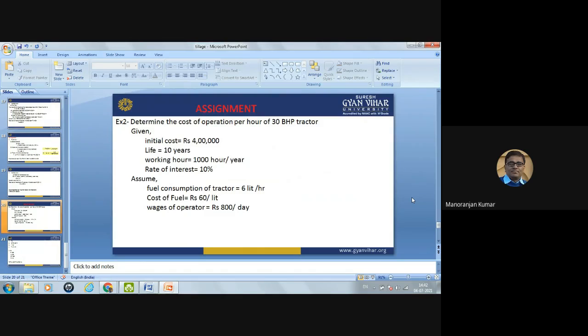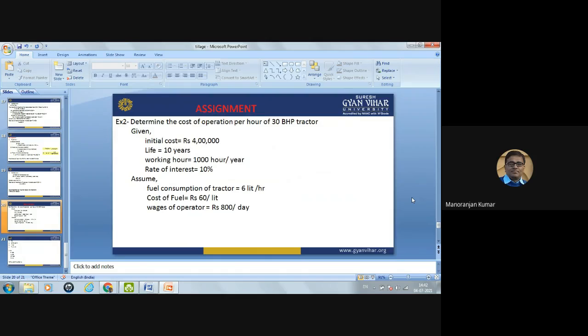Okay. Now this is for assignment. You have to solve this problem. This is similar to the first problem. Determine the cost of operation per hour of a 30 bhp tractor. The data is given.